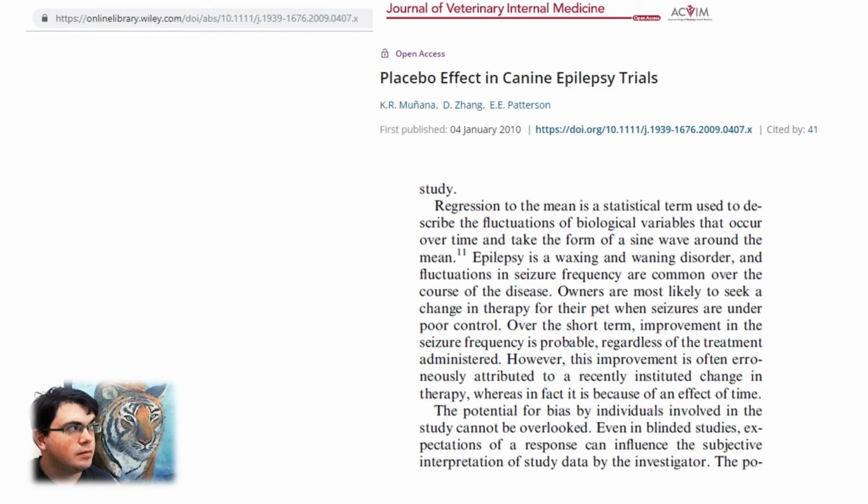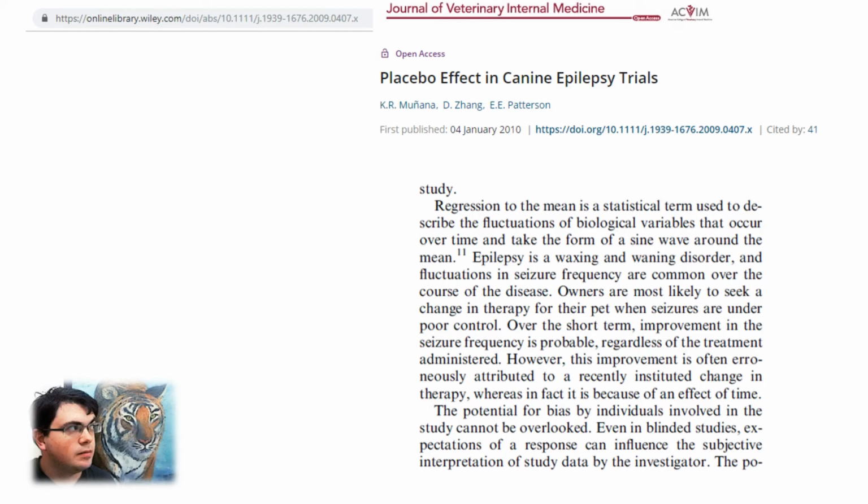Anyway, the idea in the sensible paragraph is that only owners whose dogs are unusually sick will enter their pets in a medical trial, and hence even the control group might get a bit better if their unusually poor initial health was partly a random variation, and hence tend to get a bit better during the trial.